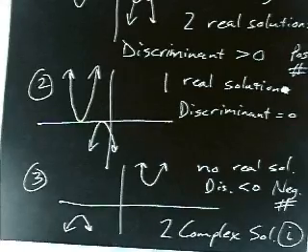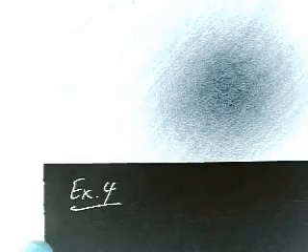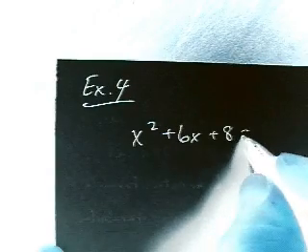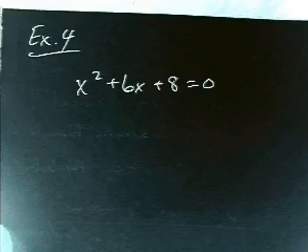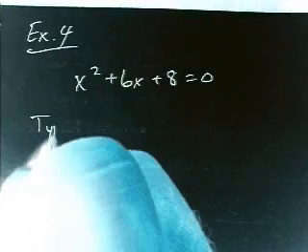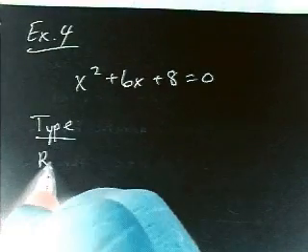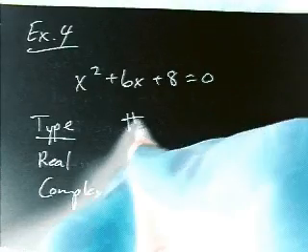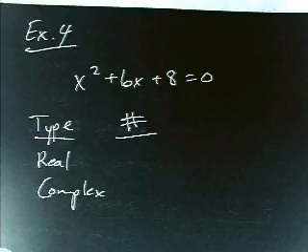Okay, that being said, now we can jump into example 4. In example 4, they say, here's a particular equation. Tell me how many real solutions, tell me what type of solution it has. And so we're talking about real or complex, and tell me about the number of solutions. Okay?